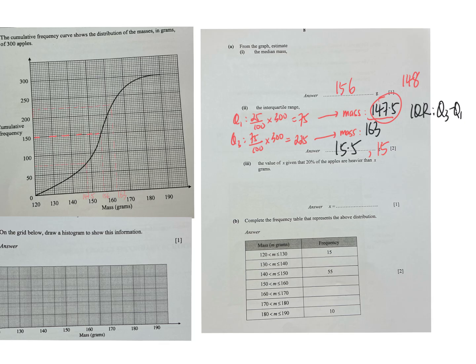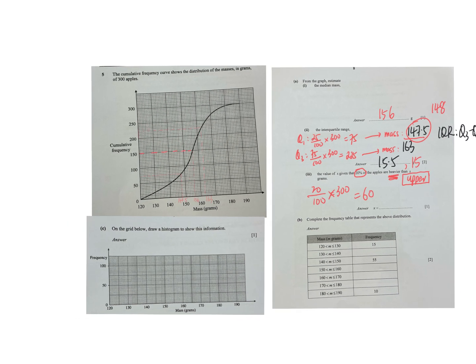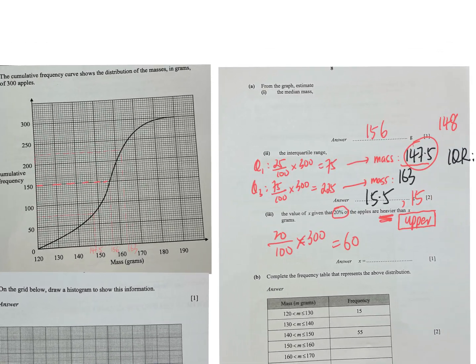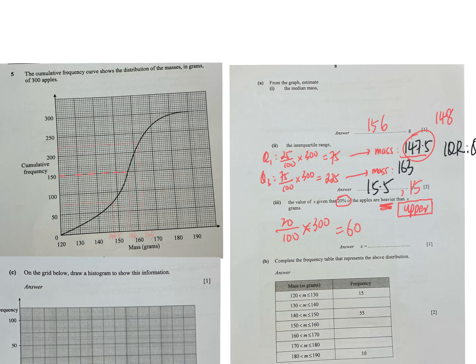Okay, next one is I want 20% of the apples to be heavier than a certain mass. When it is heavier, it is the upper part. So this one, be careful. When we talk about the top part, it is usually the more than. So 20% of 300 is 60. I want to know if I have 60 apples above, where should the mass be?